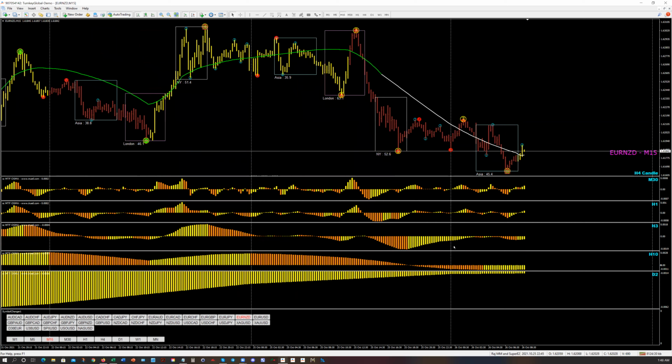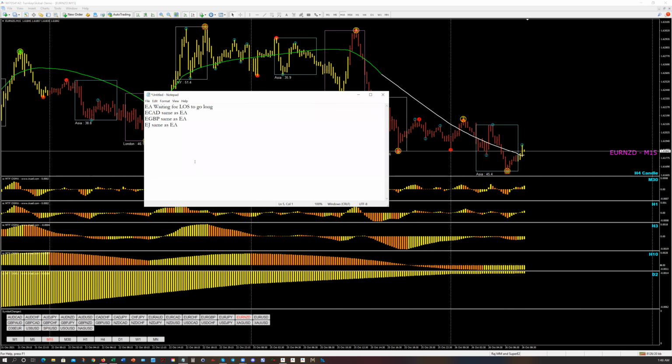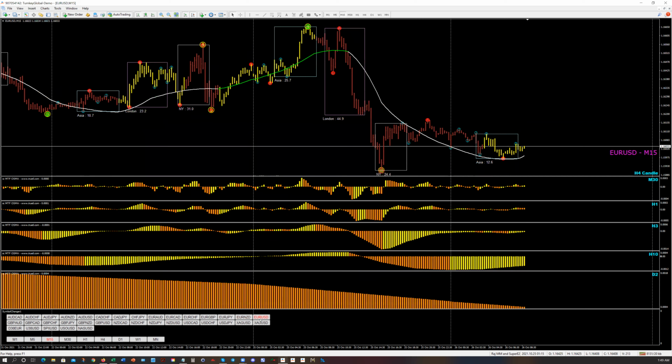Euro NZD, same thing. So all the euros seem to be waiting to cycle down. And euro dollar, same thing, waiting for a low of the session.